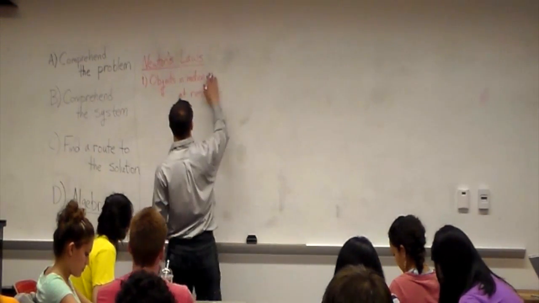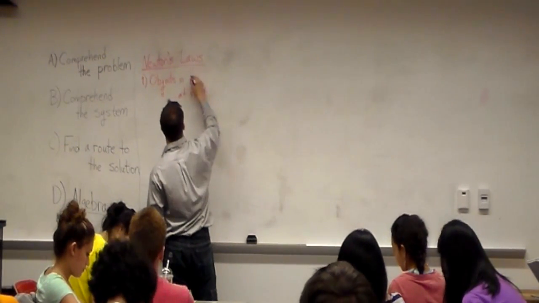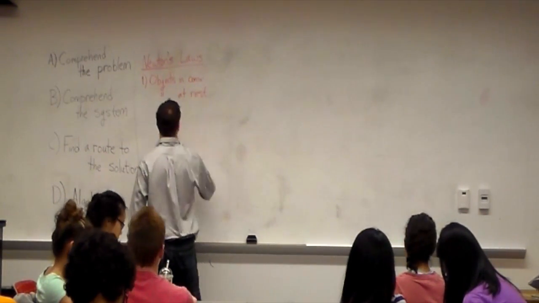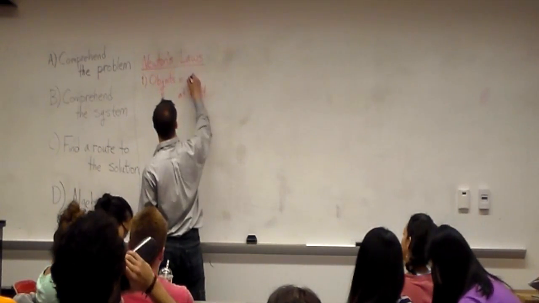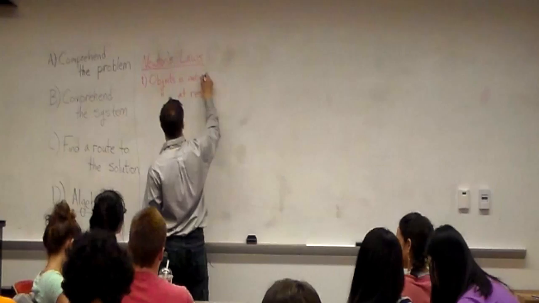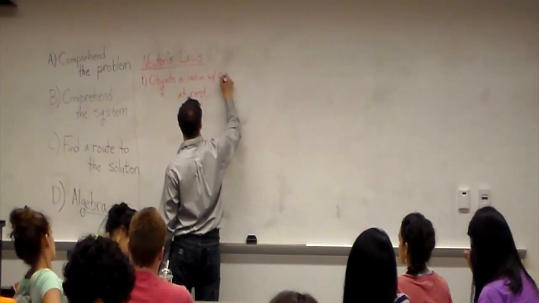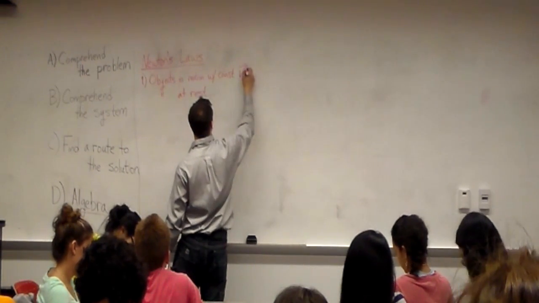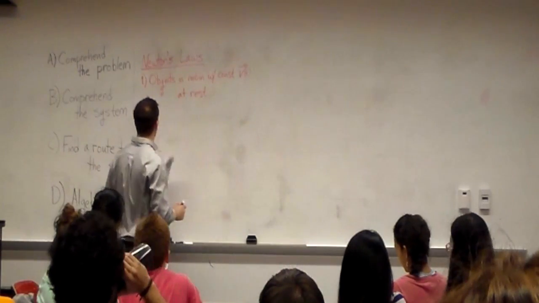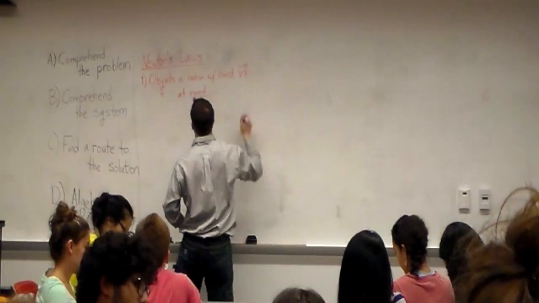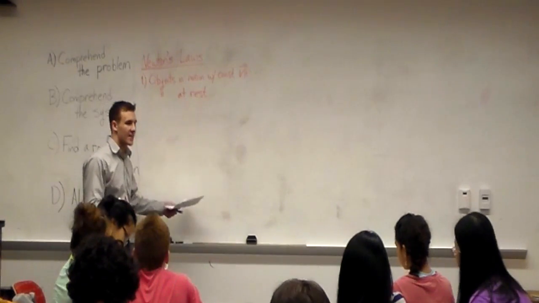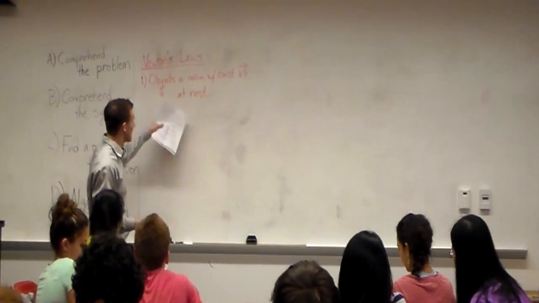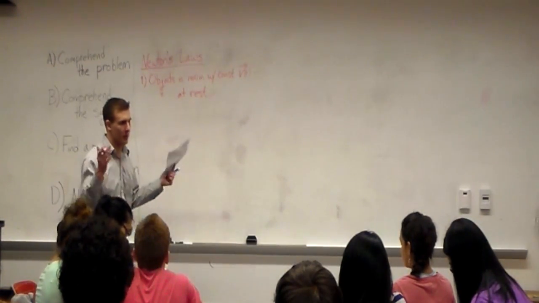What you really should remember is objects in motion with constant velocity, dot, dot, dot. Right? And objects at rest tend to, so objects in motion with constant velocity tend to stay in motion with constant velocity. Objects at rest tend to stay at rest unless acted upon by a force.